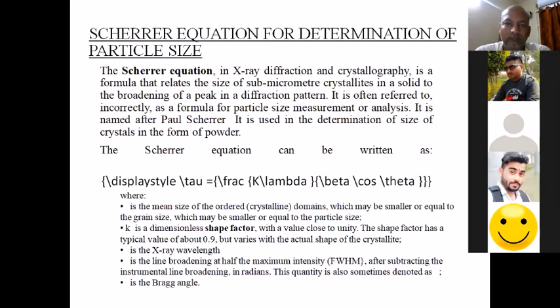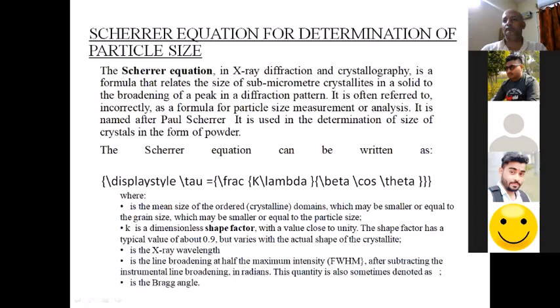With a value close to unity, the shape factor has a typical value of about 0.9, but varies with the actual shape of the crystallite. Lambda is the X-ray wavelength, and B is the line broadening at half the maximum intensity after subtracting the instrumental line broadening, in radians. This quantity is also sometimes denoted as beta, and theta is the Bragg angle.